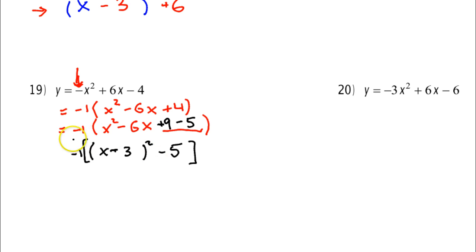Bring down the 5, but then one more step, multiply that -1 back into both of these. So my final answer will be negative, and then +5. So a little more work when I have to take out that negative. Just make sure at the very end you multiply it back in.